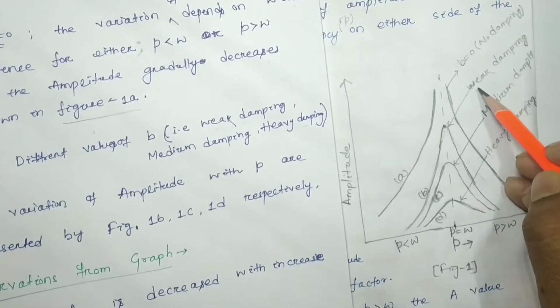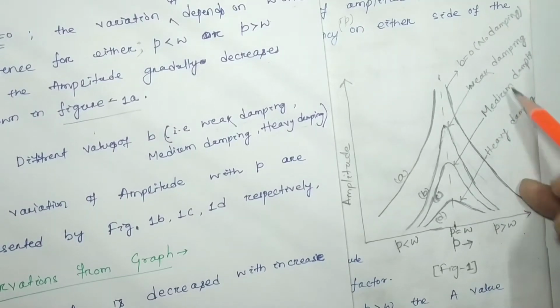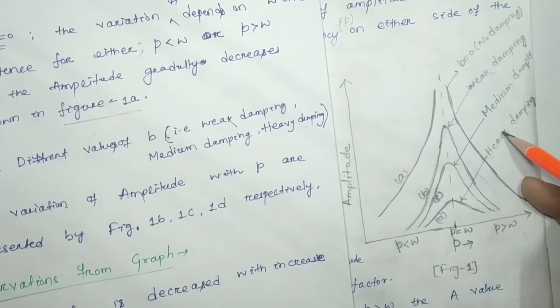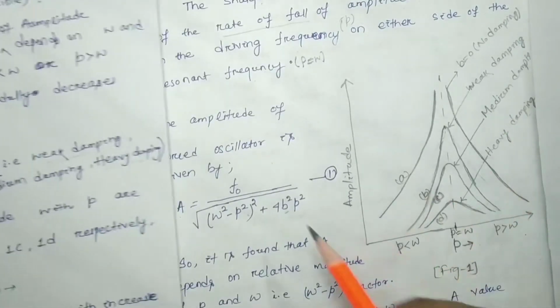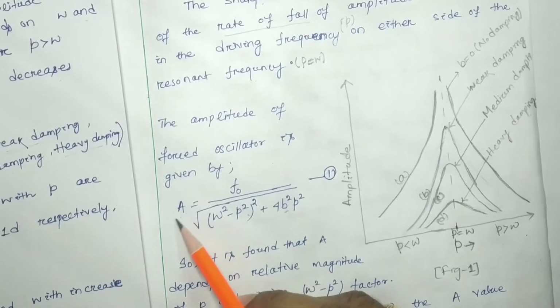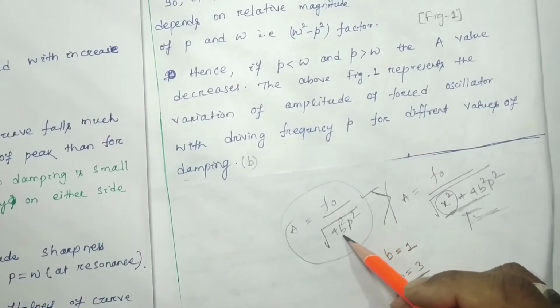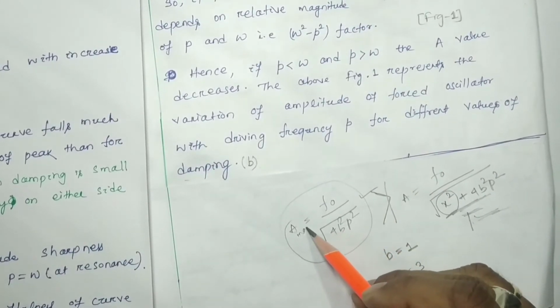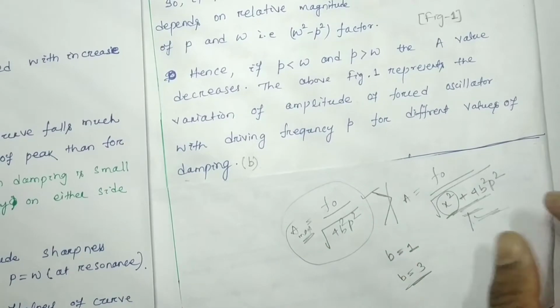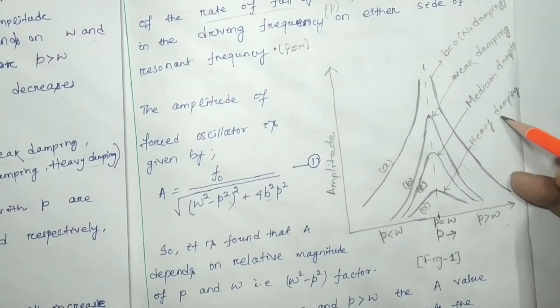First, for weak damping, medium damping and heavy damping, when the damping increases, this means when b increases, obviously a max will decrease. For weak damping b is less, for heavy damping b is large.